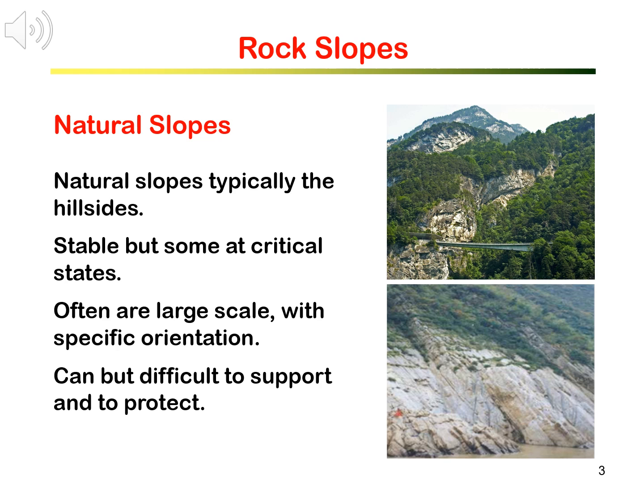We will learn later that the orientation of the slopes in relation with the orientations of the rock joints is perhaps one of the most important factors in determining the slope stability. Natural slopes are large scale and often in remote locations that are difficult to access, and therefore sometimes it's difficult to support and to protect.